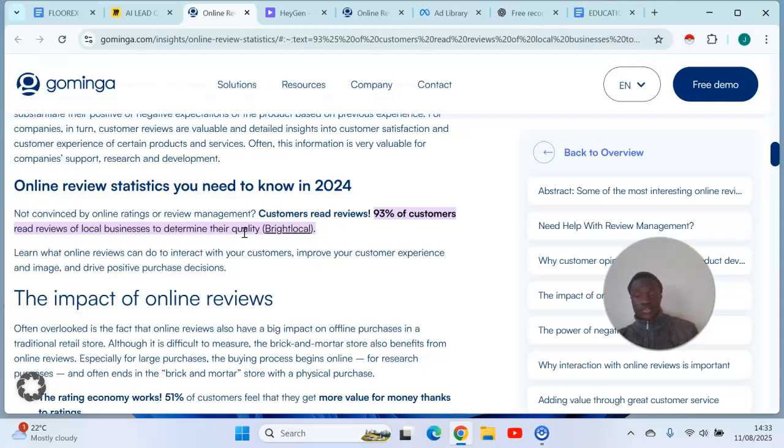So reviews are so important for you as a business, and it's something you need to invest in because it's an asset to you. And it's not only about the trust issue, but also local SEO ranking.